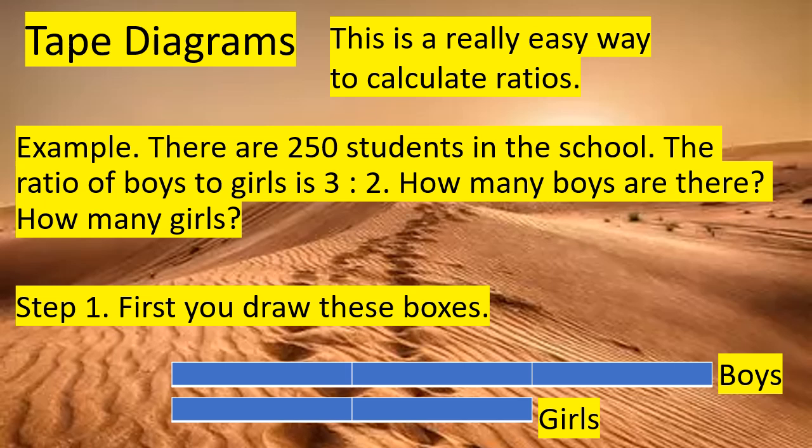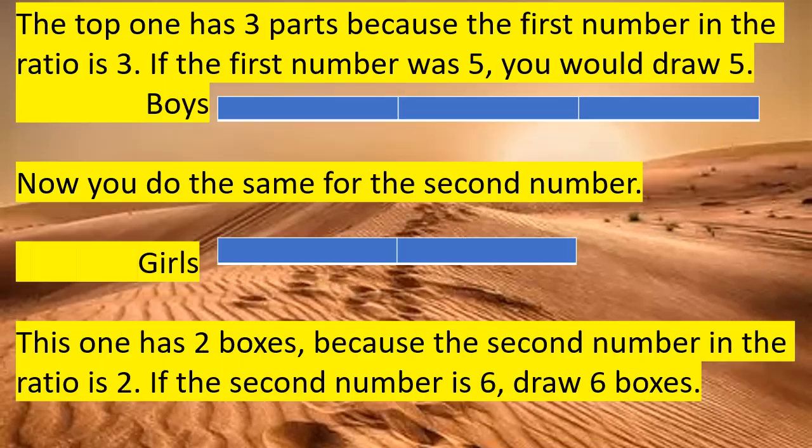How many girls? So first you draw the boxes like you can see on your screen, the blue boxes. 3 for boys, 2 for girls. The top one has 3 parts because the first number in the ratio is 3. If the first number was 5, you would draw 5 boxes.